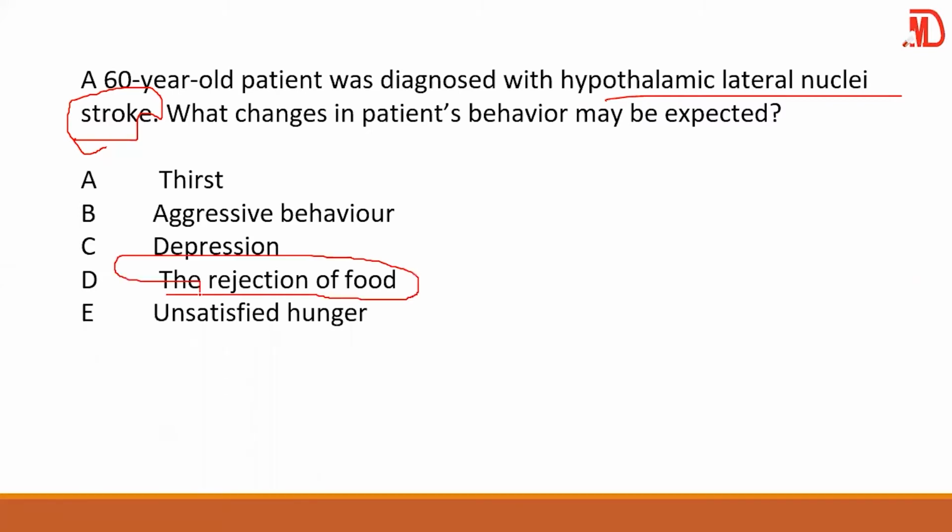That would be more ideal compared to the rest. Of course, it can lead to depression as well. So over here, your answer is D, rejection of food or anorexia. All right.